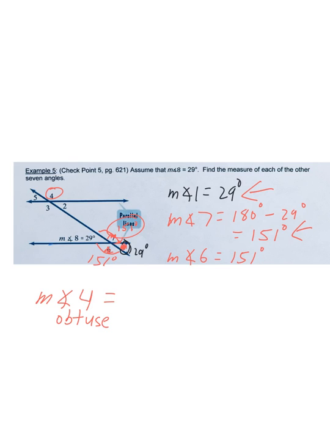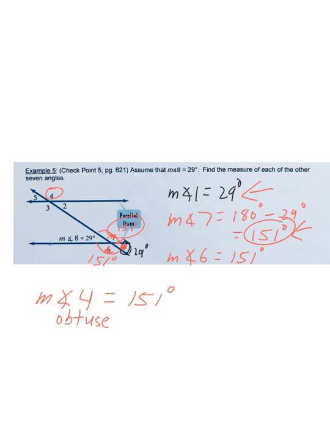And as I look at angle 4, it definitely looks obtuse to me, like it's opening up larger than the corner of a piece of paper. So since it's obtuse, and since it has to be one of the 2 angle measurements from the other side of the picture, it must be 151 degrees, because that's the only obtuse angle we've identified so far.